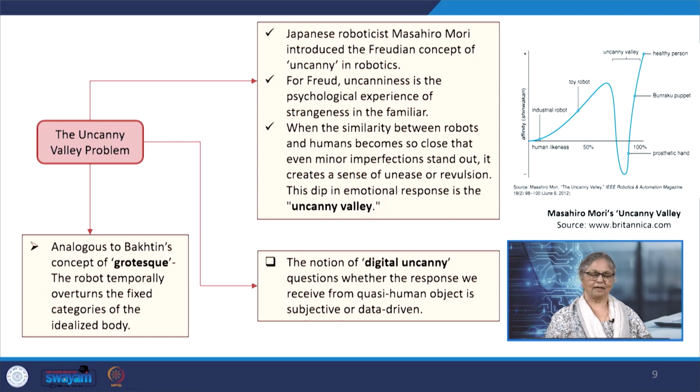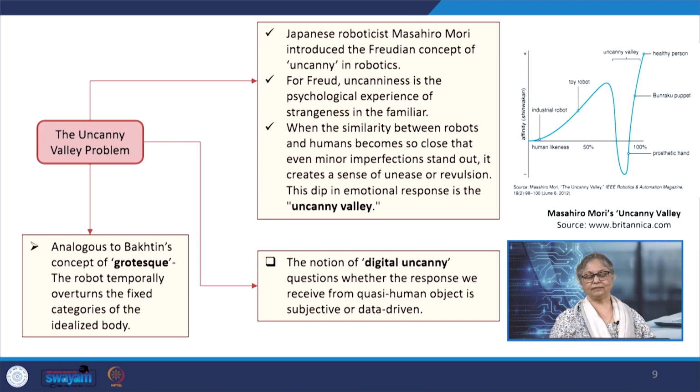So, what is the uncanny valley problem? We can say that it is analogous to Bakhtin's concept of the grotesque. The robot temporarily overturns the fixed categories of the idealized body. It was the Japanese roboticist Masahiro Mori who had introduced the Freudian concept of uncanny in robotics.